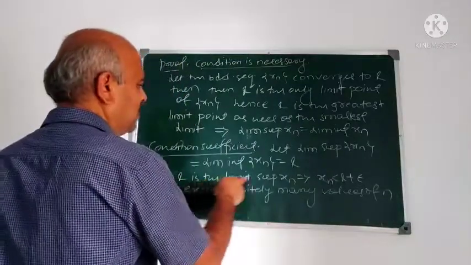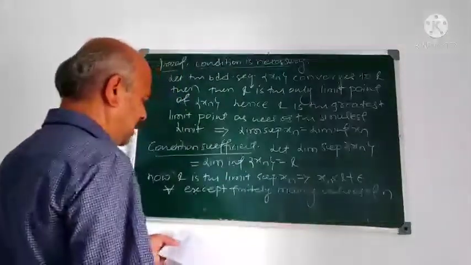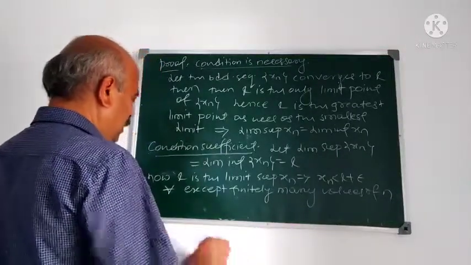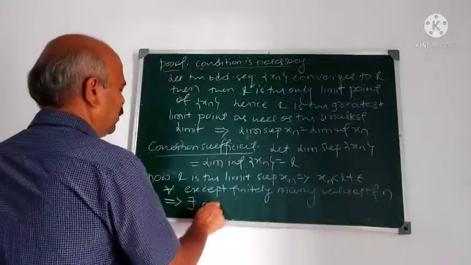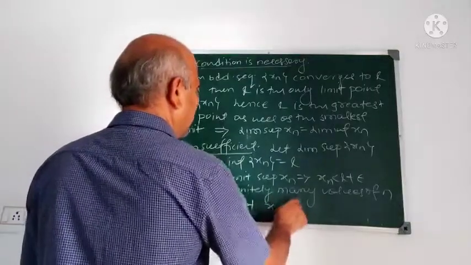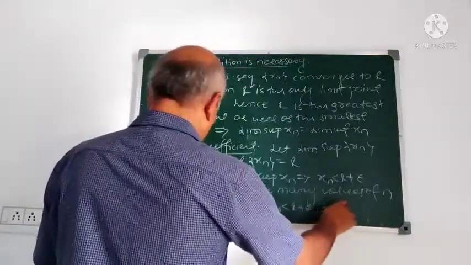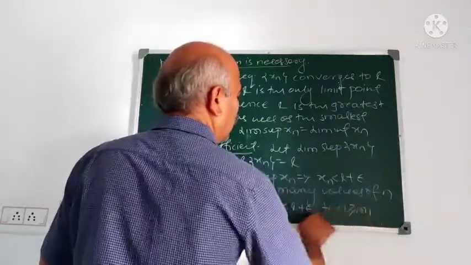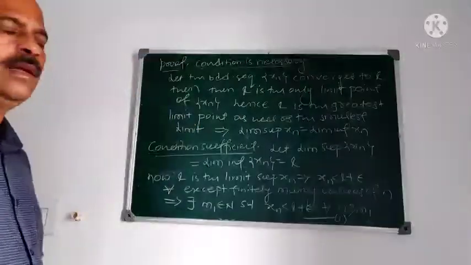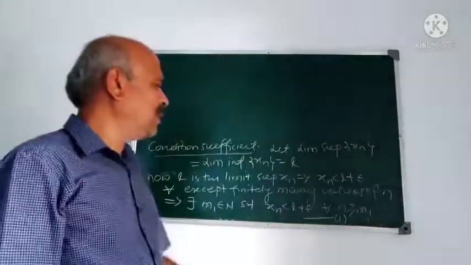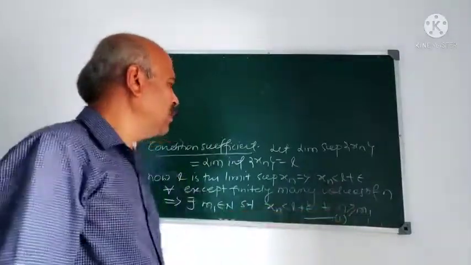L is the limit superior implies xn is less than L plus epsilon for all except finitely many values of n. This implies there exists m1 belonging to N such that xn is less than L plus epsilon for all n greater than or equal to m1. Take this as 1.